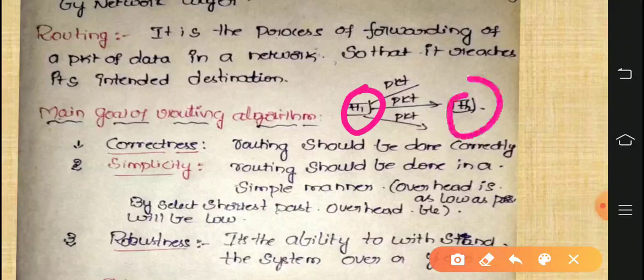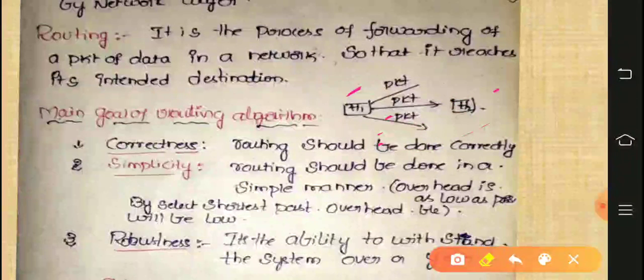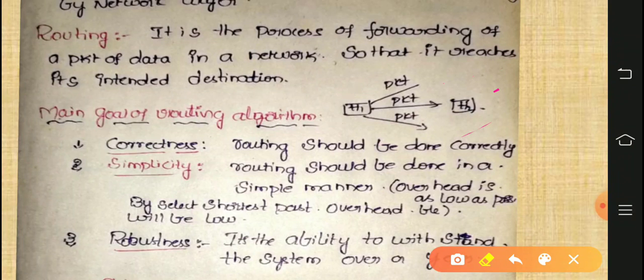The packets are transmitting from the source machine to the destination machine. By sending this information from source to destination, we have to follow some procedure. What is this procedure, and what are the things we have to note down?